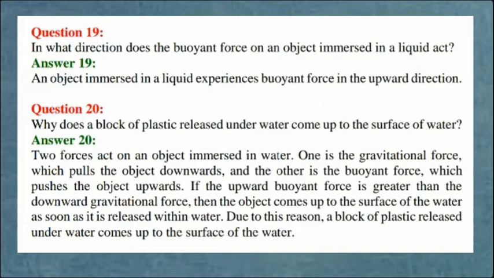If the upward buoyant force is greater than the downward gravitational force, then the object comes up to the surface of the water as soon as it is released within the water. Due to this reason, a block of plastic released underwater comes up to the surface of the water. Okay, this is the answer of this third question. Now come to the next question.